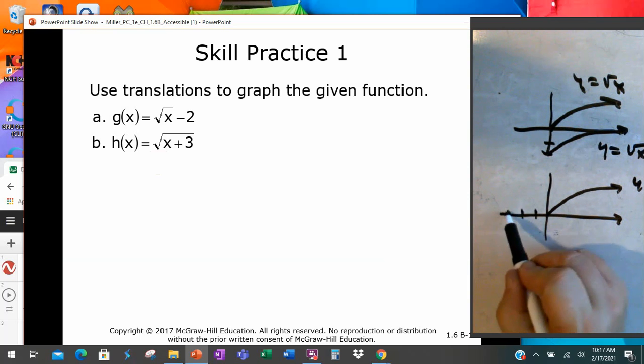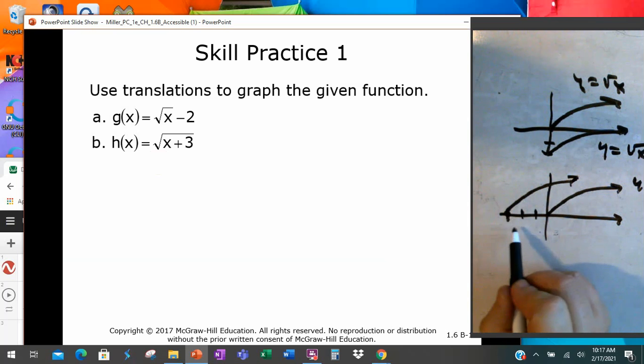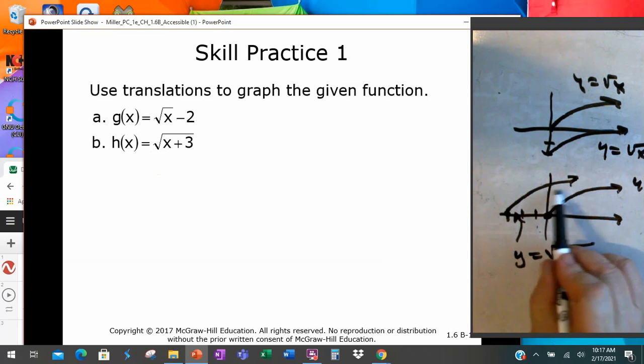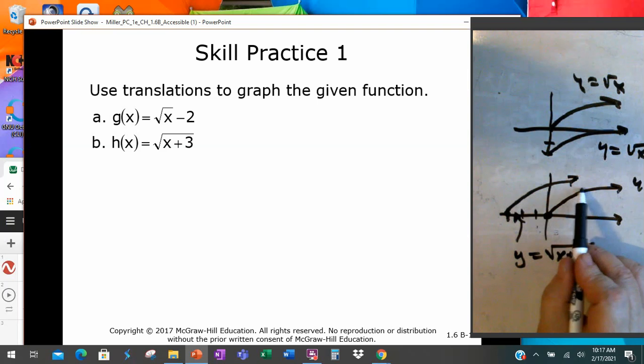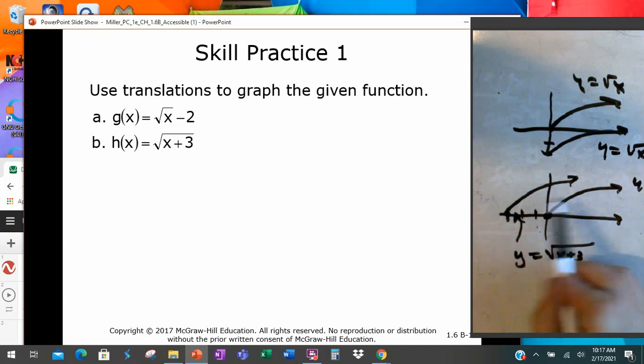I'm starting there and then going up. So this would be y is equal to the square root of x plus 3. I've shifted this point over by 3. Any one of these points would be shifted over by 3 to get my new one. That's a couple of quick points that I would do.